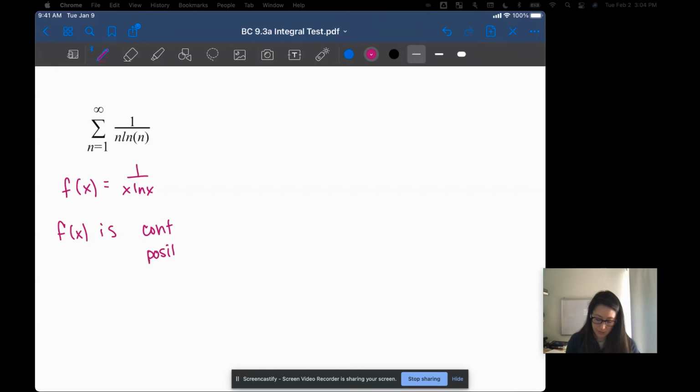It's definitely positive, and it definitely decreases because the number in the denominator is going to be getting larger and larger as x increases and ln increases. They're positive because we're only substituting in positive values greater than 1. Remember, ln of x crosses the x-axis at x equals 1, so we're going to have positive outputs after x equals 1.